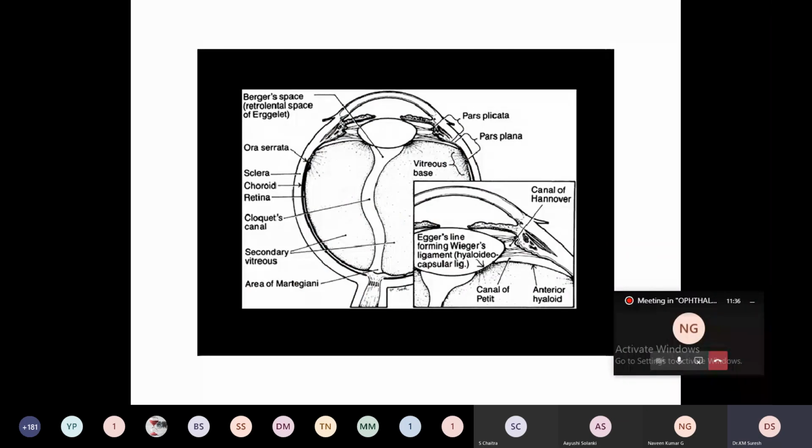And the place where it is close to the optic disc, there is an area of Martegiani, while in the retrolental space, it is also referred to as Berger space. You have Wieger's ligament in the retrolental space. The diagrammatic representation of the various ligaments and the spaces that are associated with the Cloquet's canal, anteriorly as well as posteriorly.